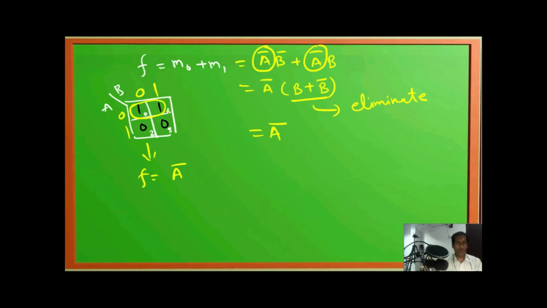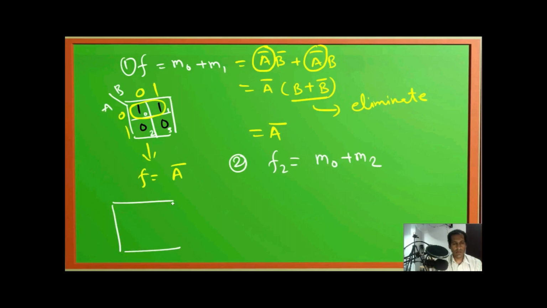Similarly, if we have some other function, for example, f2 is equal to m0 plus m2. For this we have these 4 squares.